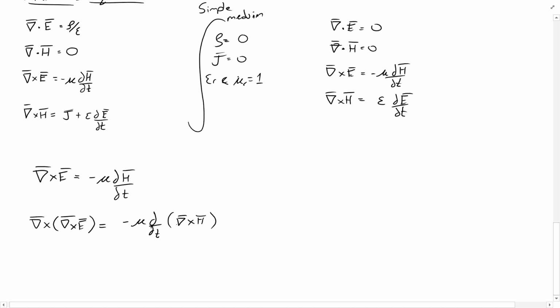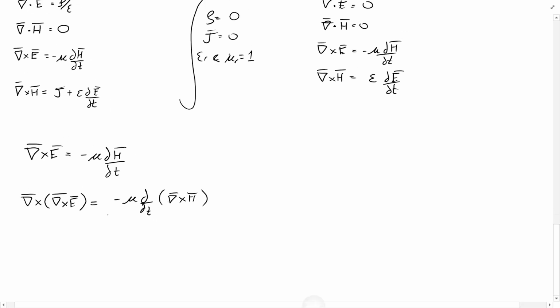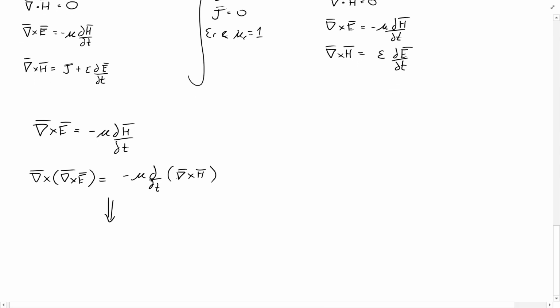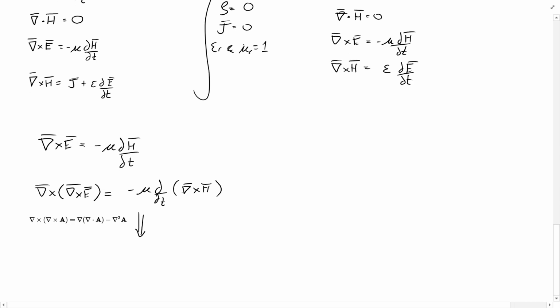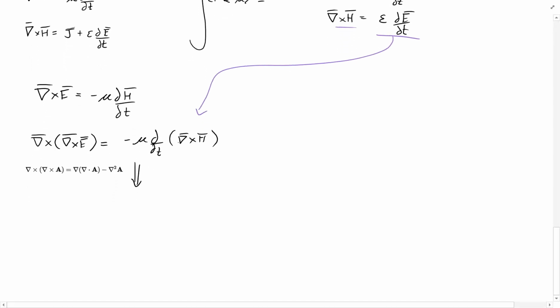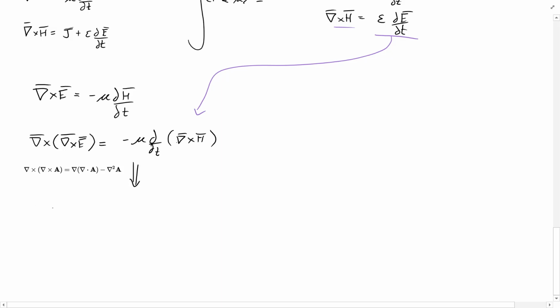Now, from here, on the left-hand side, we can use just a vector identity for the curl of a curl, something like this. And then on the right-hand side, for Faraday's law, we can plug this into here. So what the simplification will look like is as follows.